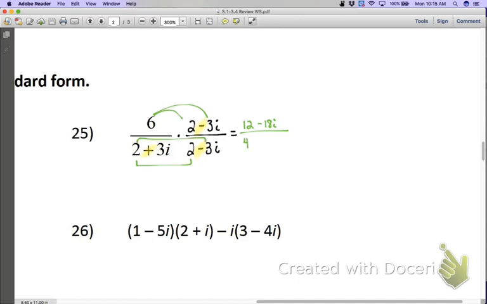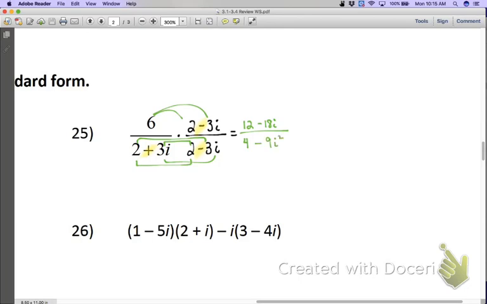What's going to happen whenever I go 2 times negative 3i and 3i times positive 2? Would it make it negative 9i squared, and then it would be times negative 1, so it would be positive 9? Yeah, whenever I do this part, minus 9i squared.